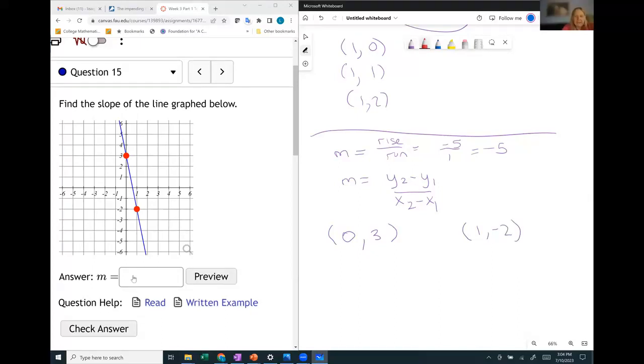I can call either point 1 or either point 2. So I'll start by saying this is 1 and this is 2, but literally it doesn't matter. So my slope would be y2 minus y1 divided by x2 minus x1, which is still equal to -5/1, which is what we got here when we just counted.